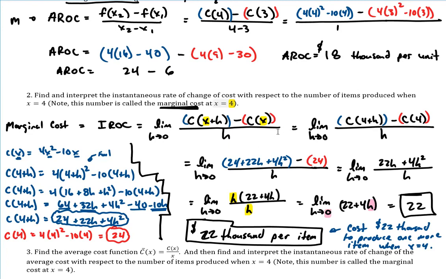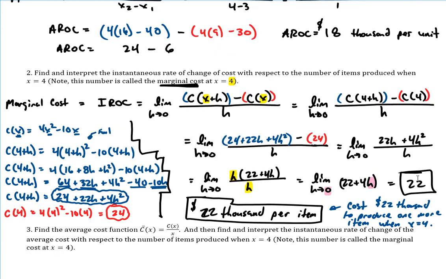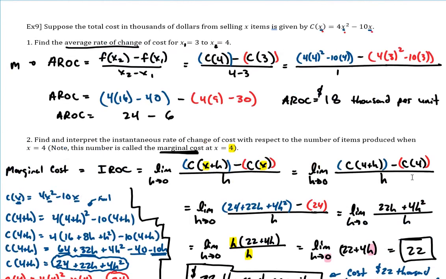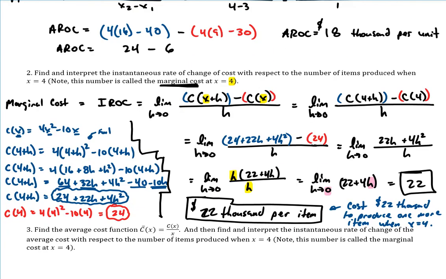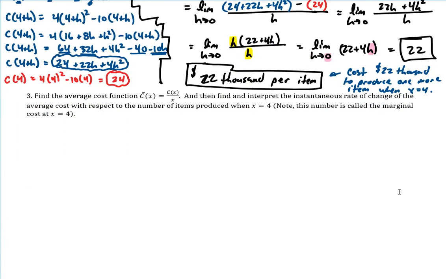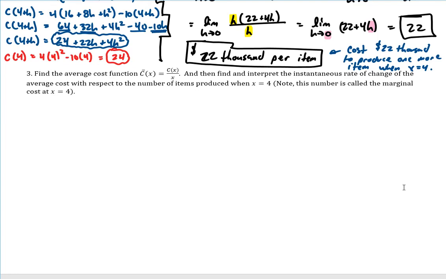So it seems like the more items being made, the more cost it will take. Maybe they get heavier or something, and the shipping starts to add up. Who knows? Either way, that's all it really means, and that's all we had to do is interpret it.